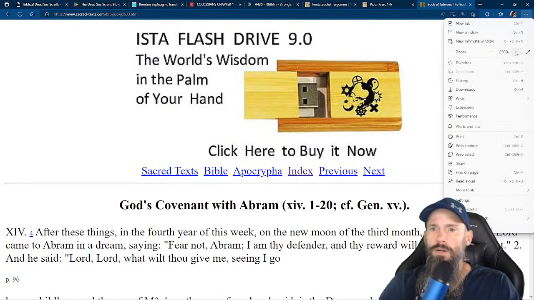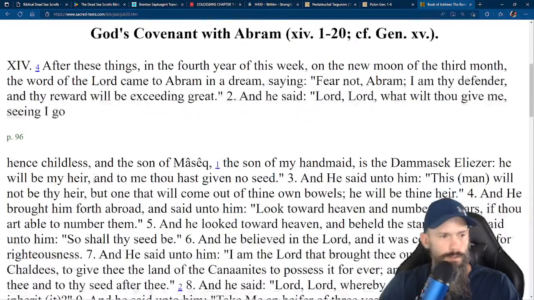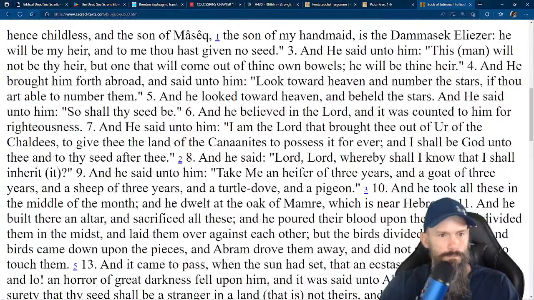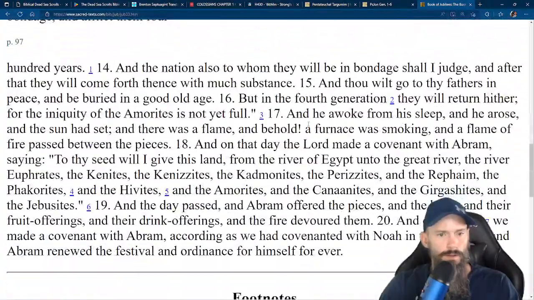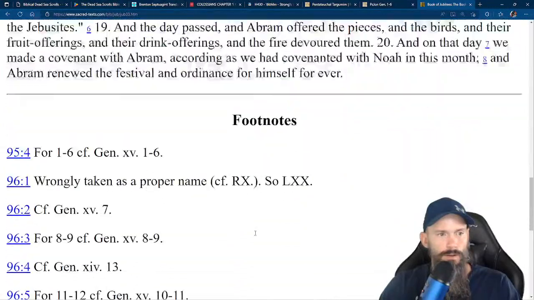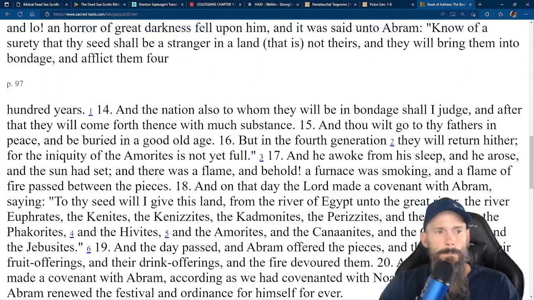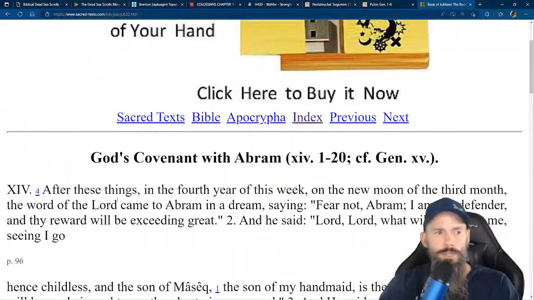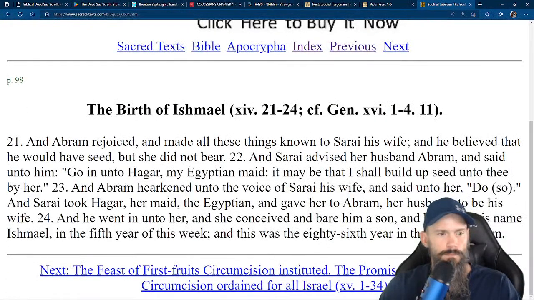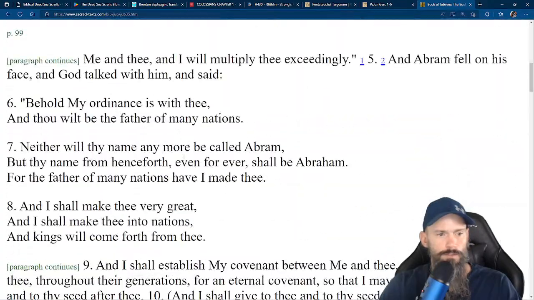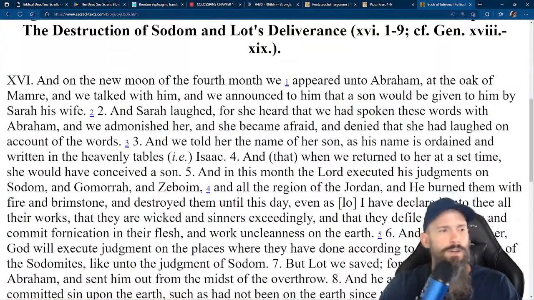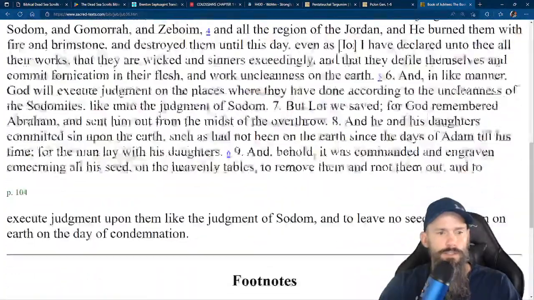God's covenant with Abraham, I believe. Jubilees, let's see, that's 14, 15, I think it's 16.